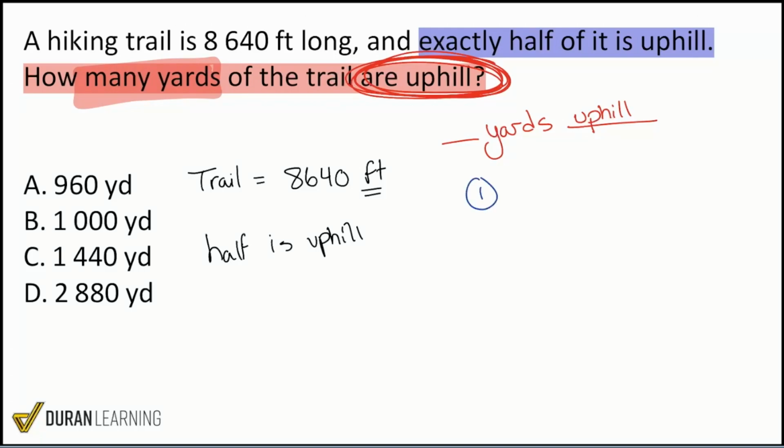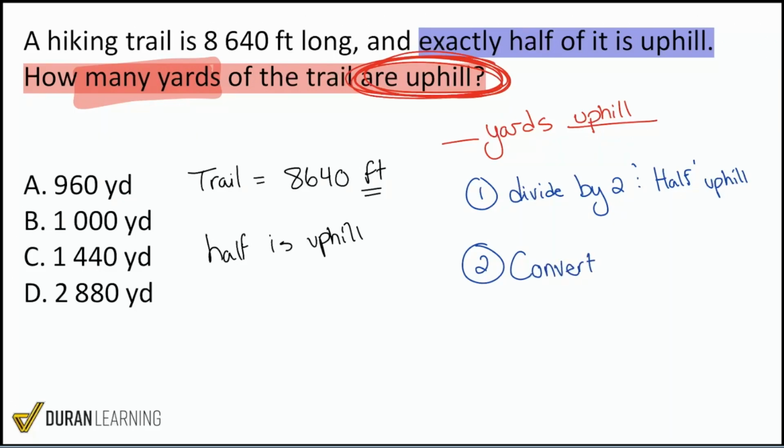Number one, I gotta divide by 2. I have to divide by 2 because of the half being uphill. Because again, we want to know the uphill part. And then the second part, we have to convert from feet to yards.